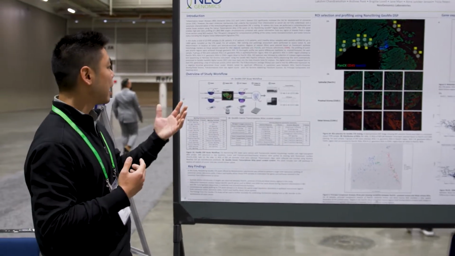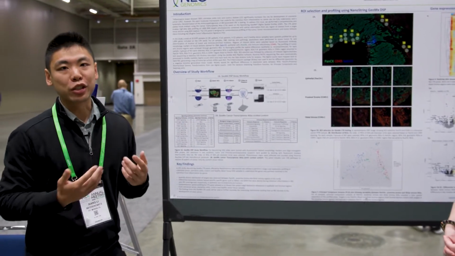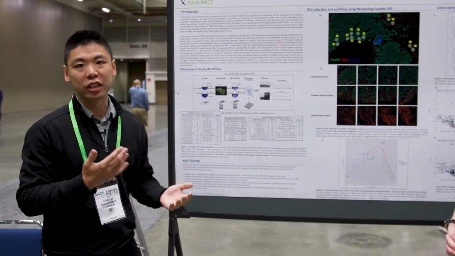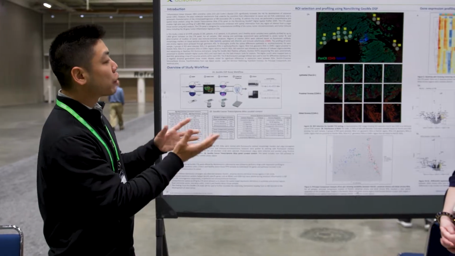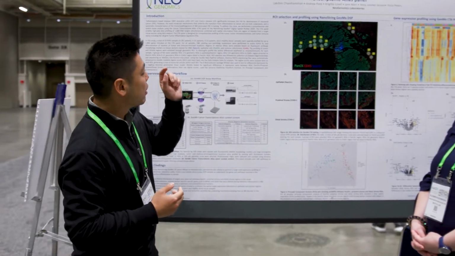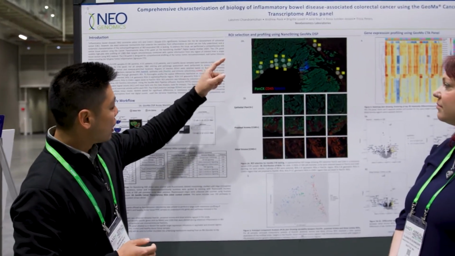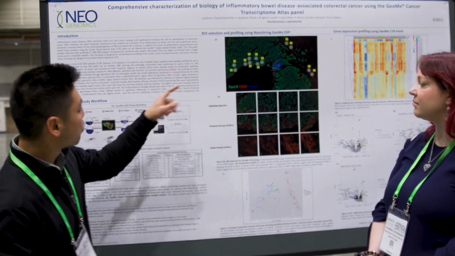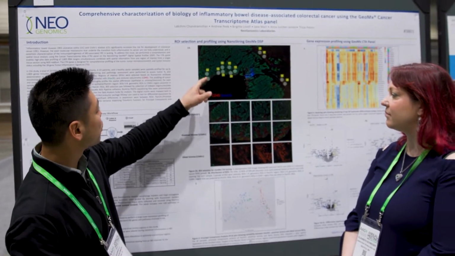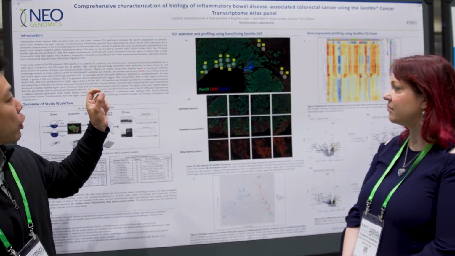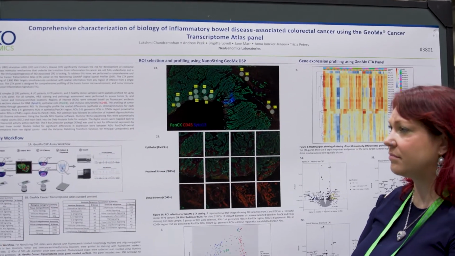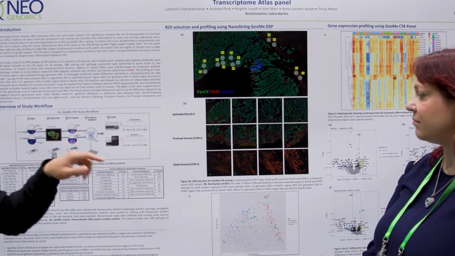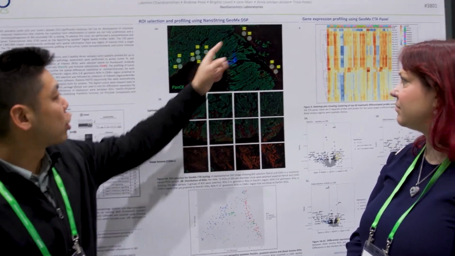And then we also applied the CTA, or Cancer Transcriptome Atlas panel, composed of 1,800 genes, to really survey, within either the epithelial cell region or proximal stroma regions, so regions that are CD45 positive and really close to the epithelial cell region, as well as 4 ROIs in the distal stroma.